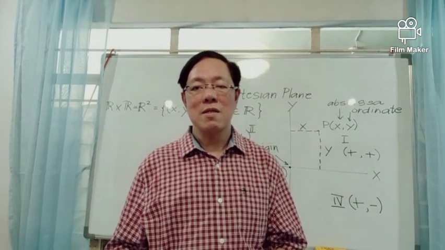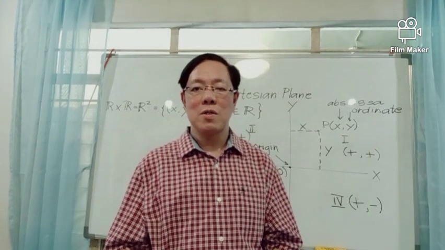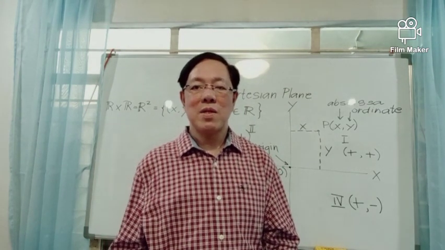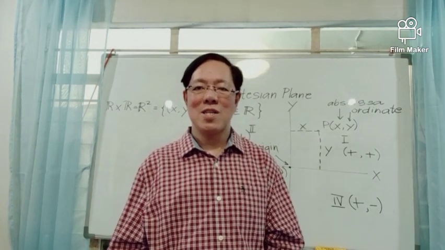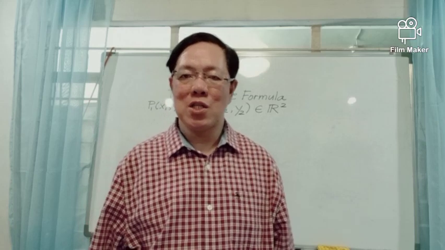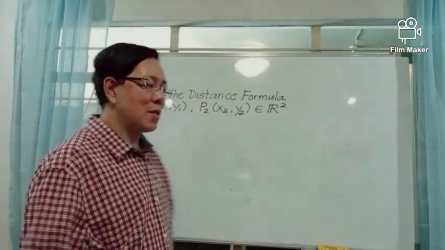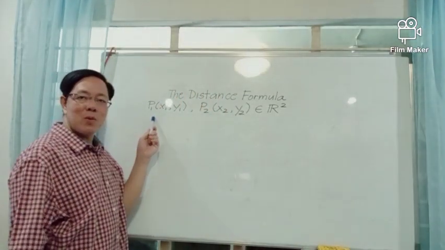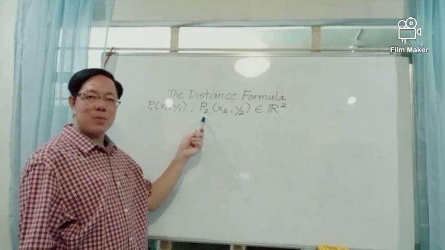To get the distance between 2 points, we will take 2 arbitrary points in the Cartesian plane, and we denote them by P1 and P2.